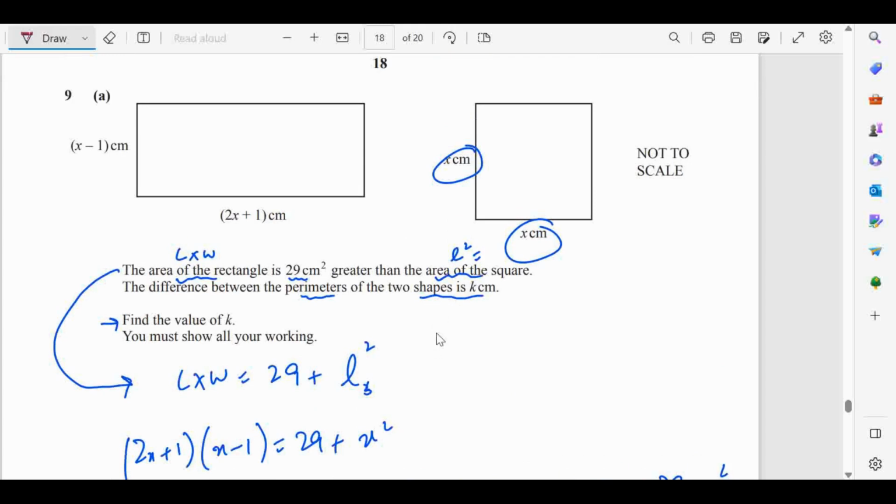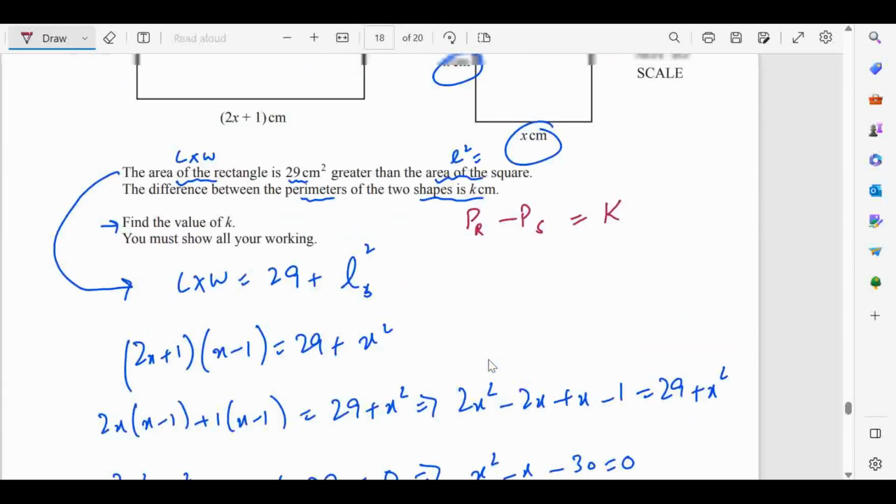It means the perimeter of the rectangle minus the perimeter of the square must be equal to k. It means that we need to find out the perimeter. So we know that x is equal to 6.